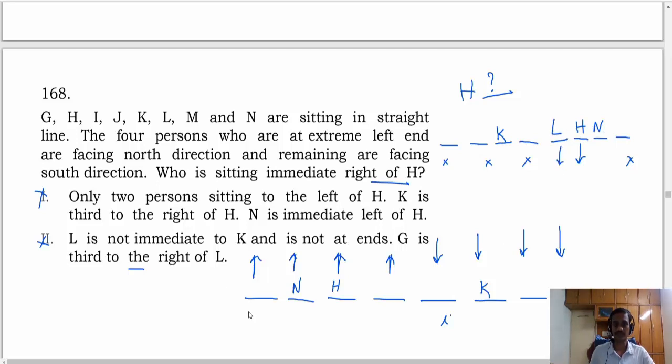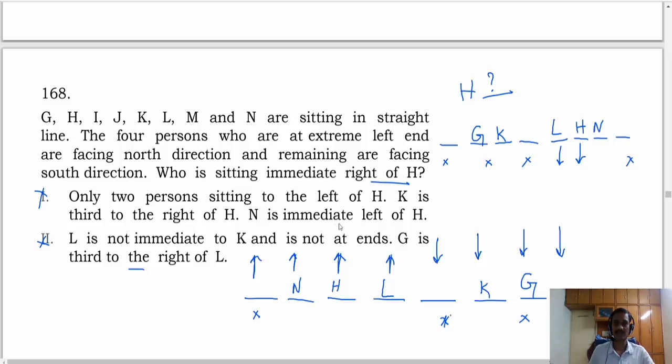G is seated third to the right of L. So from L, 1, 2, 3, G is seated third to the right of L.